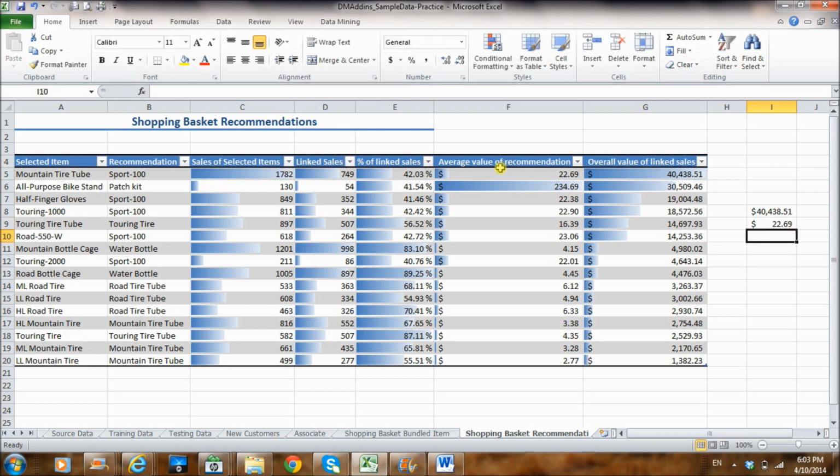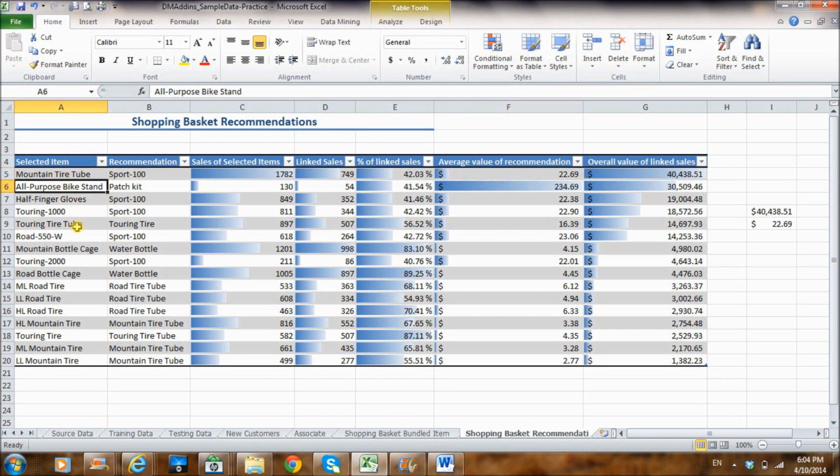Okay, so 22.69. What this means is, every time you make a recommendation when somebody purchases a mountain tire tube, that recommendation of a Sport 100 is worth basically $22.69.